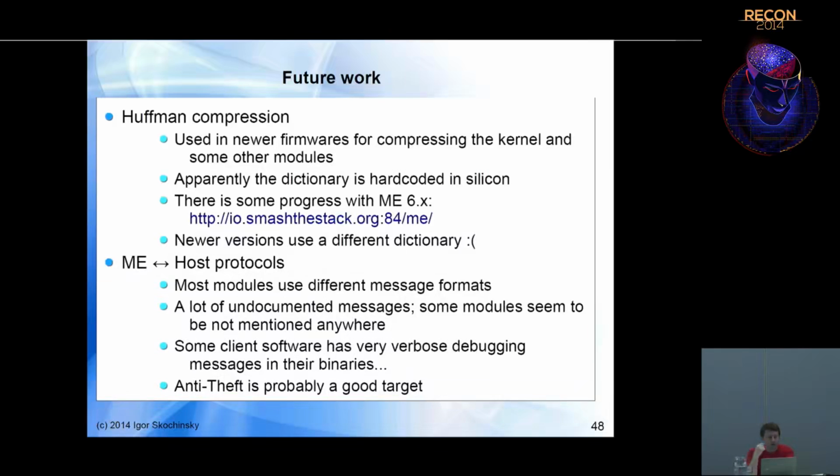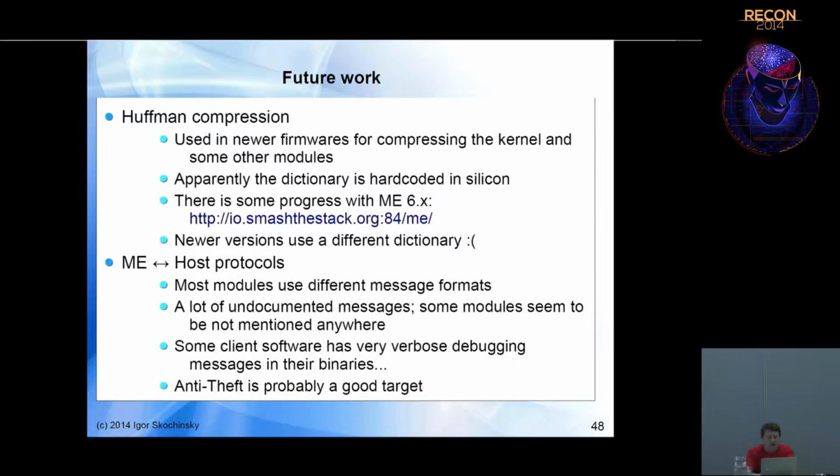However, with some people from SmartJustTech, and thanks to some other people who managed to dump, I don't know how, version 6, we could recover some of the dictionary. However, version 7 and further versions use a different dictionary, so we cannot reuse this work, unfortunately, for the current versions of ME. However, we have some progress.